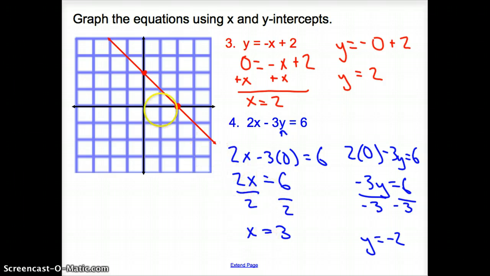So let's put these on the graph. X is 3, so I put my x on 3. My y is negative 2, so on my y axis that runs up and down, I go to negative 2. Then I pick out my blue line and go ahead and connect the dots for the line.